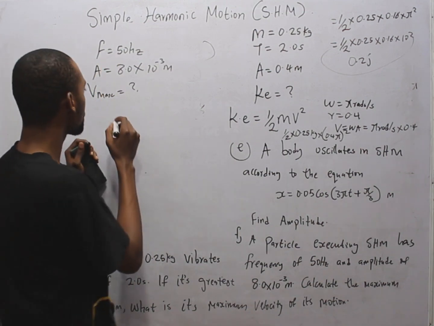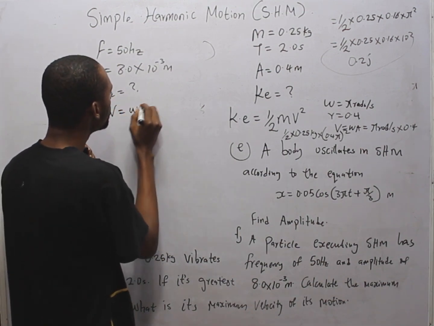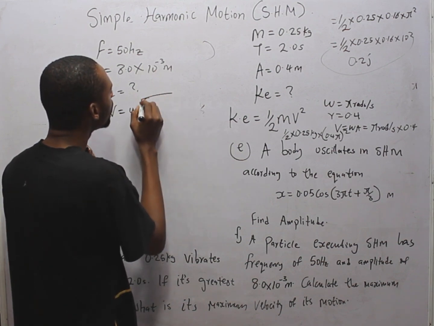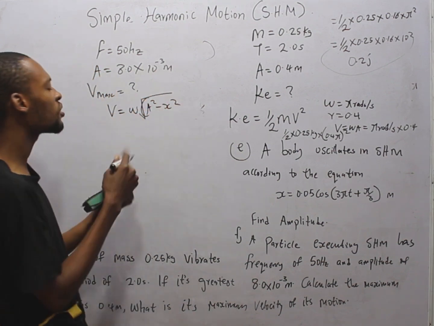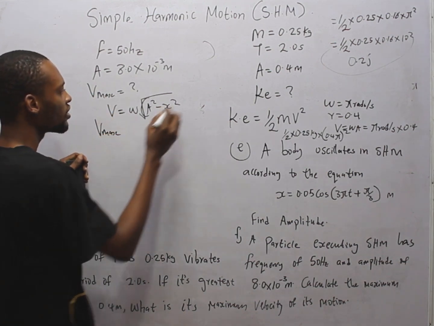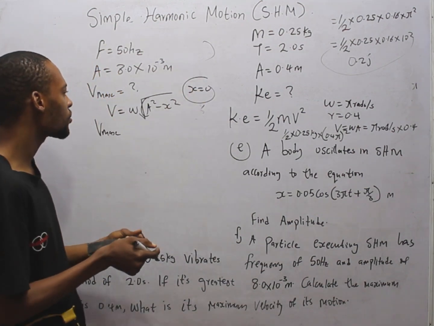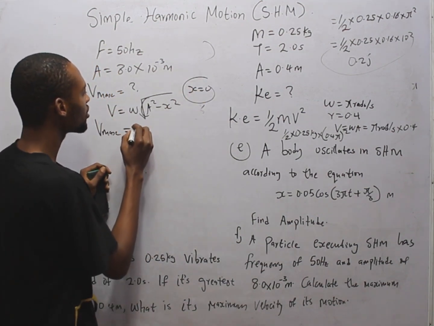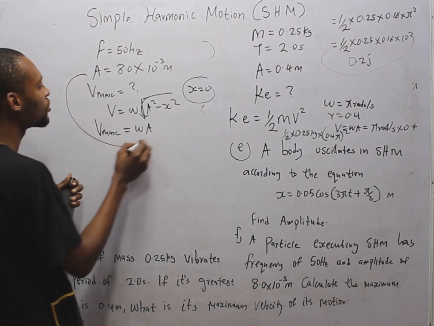Remember the formula I derived earlier. V is equal to W times the square root of A squared minus S squared. And I told you that at maximum velocity, V max, displacement is equal to 0. Remember? So in that case, V max is equal to WA. We have amplitude.